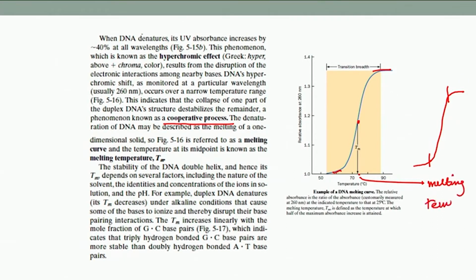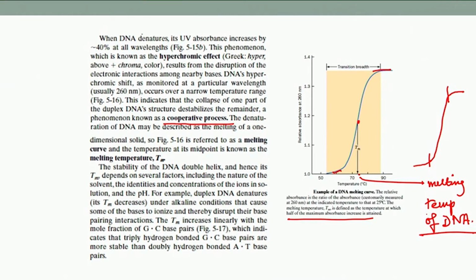Tm is defined here as the temperature at which half of the maximum absorption increase is attained. That is one way of saying it, but you are not telling about the structure by giving this definition. You tell about the structure if you say that 50% of the hydrogen bonds are broken at the melting temperature.